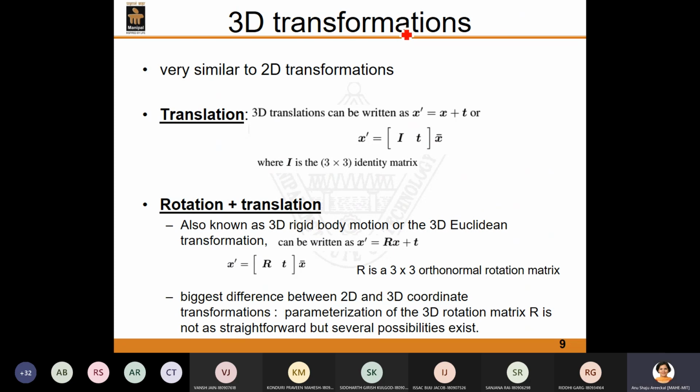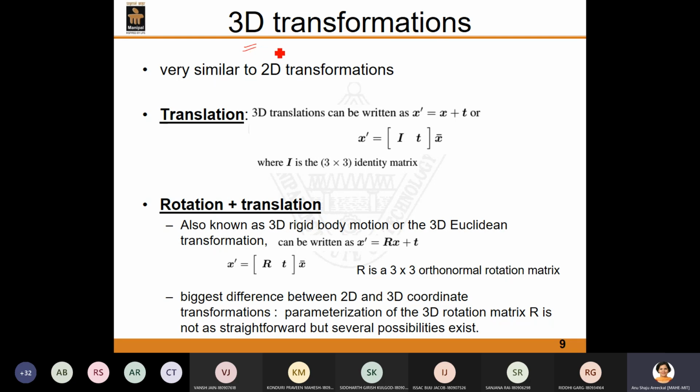Now, coming to 3D transformations. The 3D transformations are very similar to the 2D transformations. The only thing is that the dimensions of the transformation matrices are different, because you have an extra coordinate in each of the points.